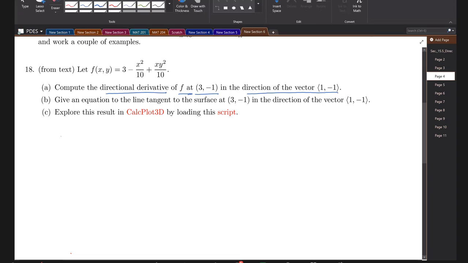So the first thing we need to do is find its corresponding unit vector, which is going to be the vector 1 over the square root of 2, comma, minus 1 over the square root of 2. Just because oftentimes these aren't given to you as unit vectors, that's why I'm making us do the work of adjusting them.